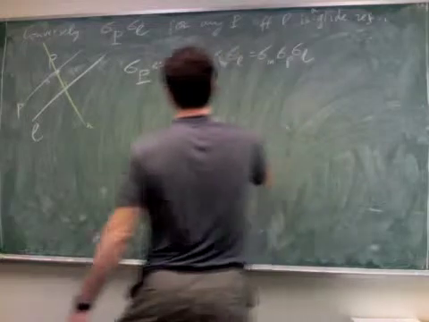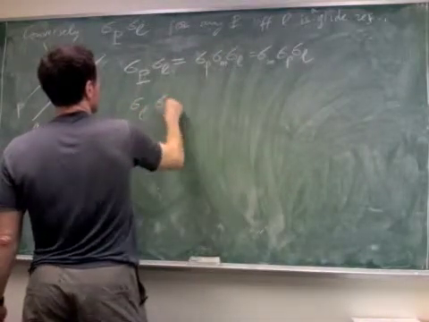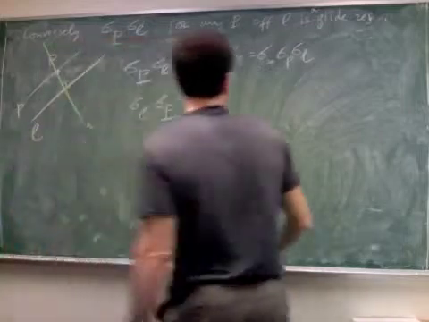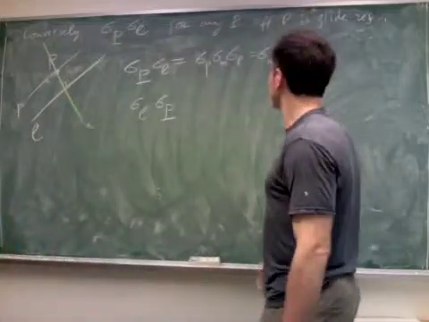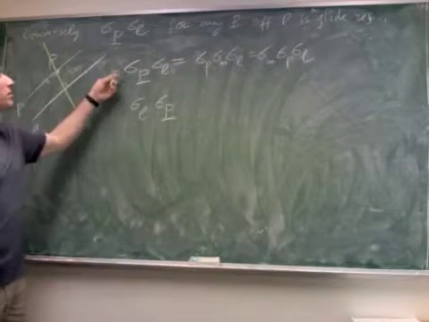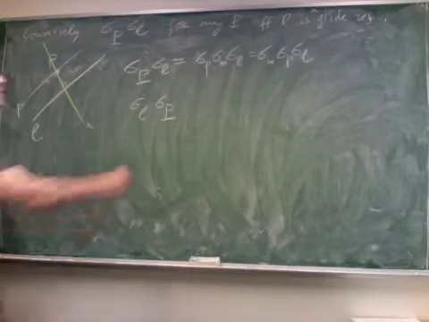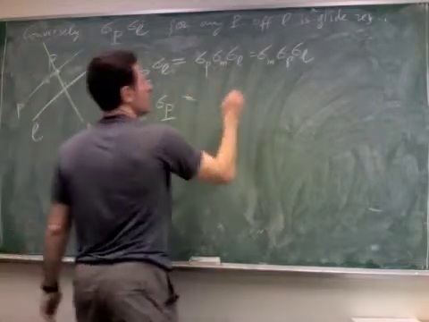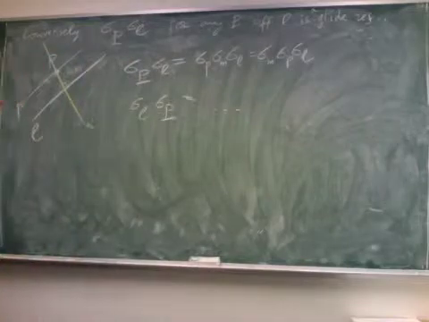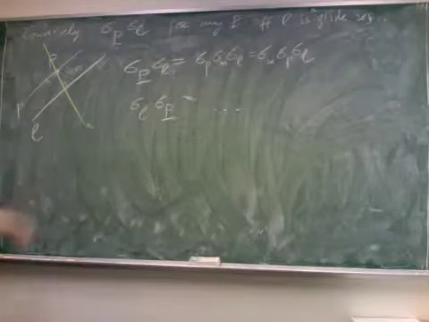So in both cases, for any point P off line L, sigma P sigma L or sigma L sigma P is a glide reflection. So work this other case by yourself and show that it's going to be a glide reflection, just in a different direction, but with the same axis.